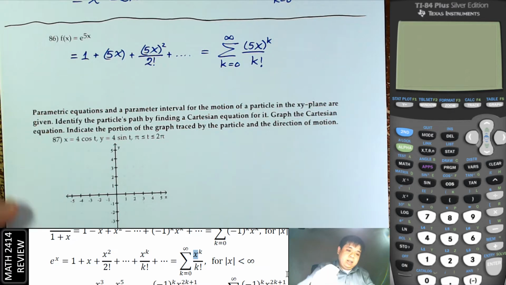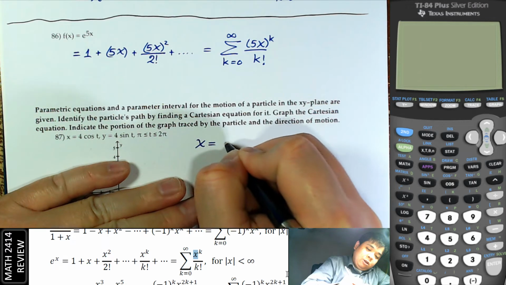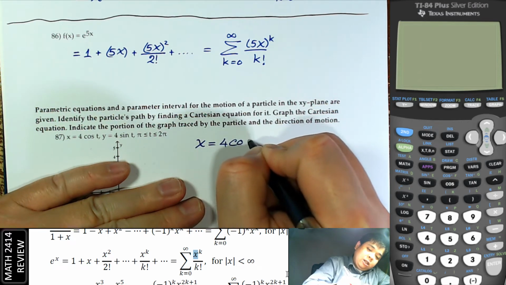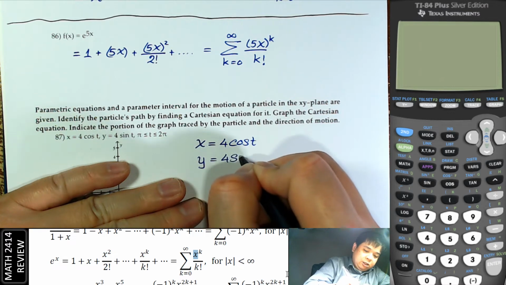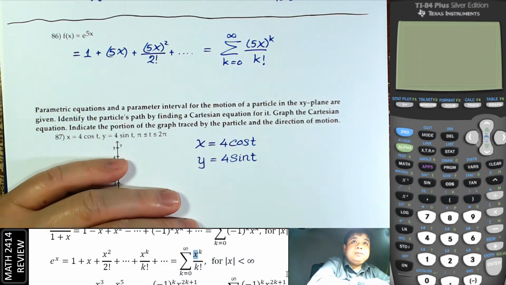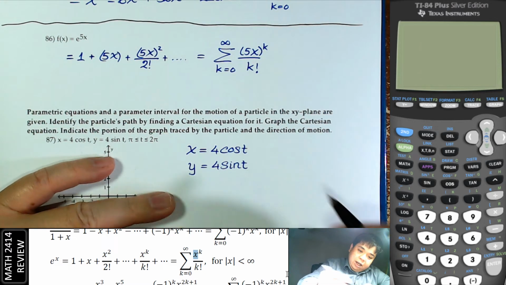So I will write out x equal to 4 cosine t and y equal to 4 sine t. What we can do is square both sides.